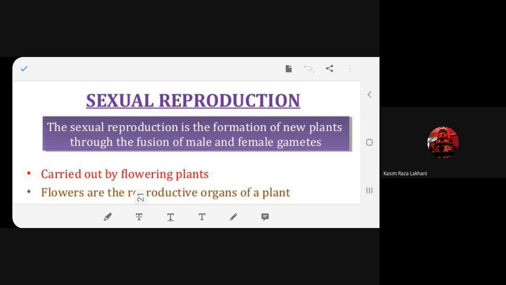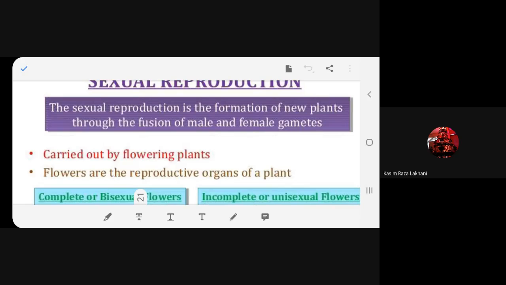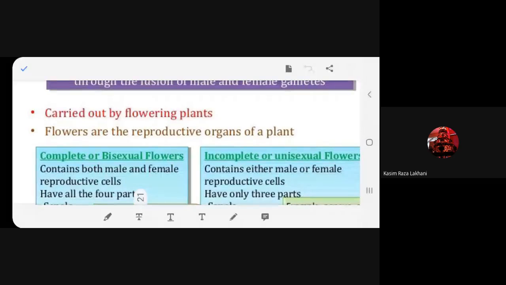Sexual reproduction is the formation of new plants through the fusion of male and female gametes. Flowers are the reproductive organs of a plant.